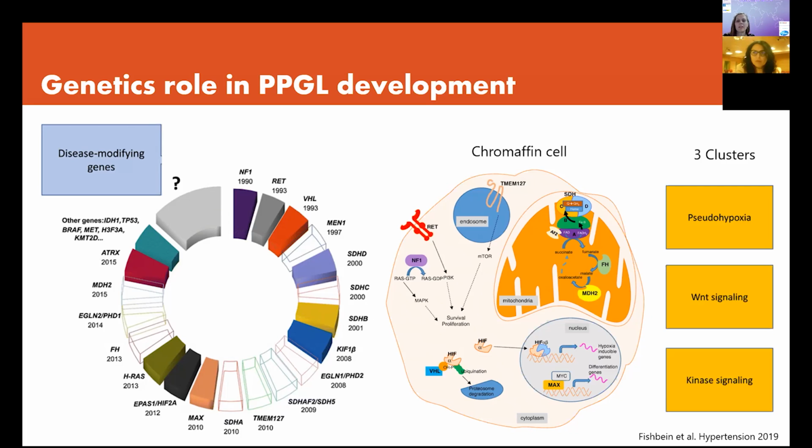The three pathways that are usually disrupted in some way due to mutations in those genes are pseudohypoxia, Wnt signaling, and kinase signaling.